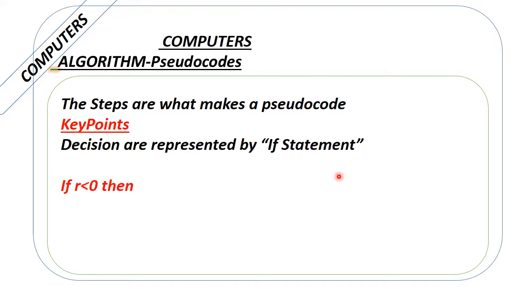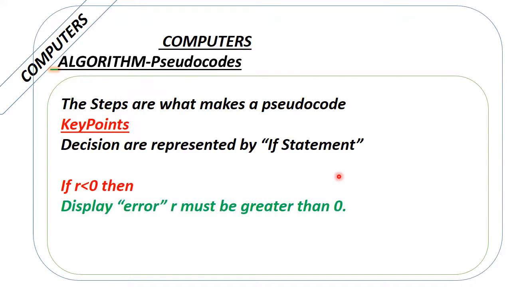So an example of an if statement is this: if R is less than 0, then display R must be greater than 0, else display A equals pi times R times R. Okay, let me just read this again. So if R is less than 0, then display error, R must be greater than 0, else display A equals pi times R times R.